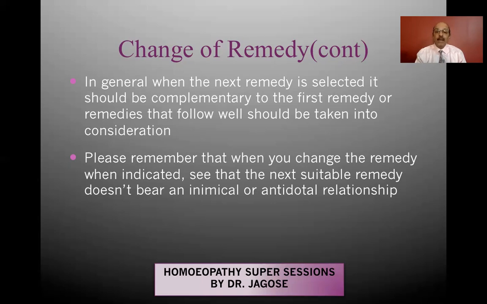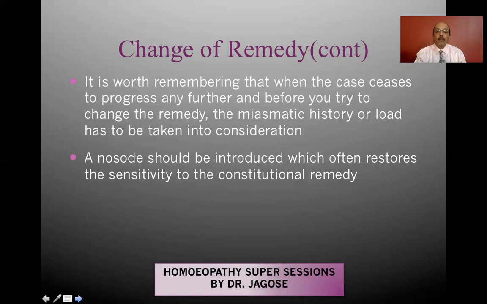And also remember that when you change the remedy, see that the next suitable remedy doesn't bear an inimical or antidotal relationship. So also in the remedy relationship table, you see that whatever second prescription you are giving does not antidote the first. Okay, so that is also important. So you have to see whether it is complementary or follows well, and also keep in mind that it should not be inimical or antidotal in relationship.